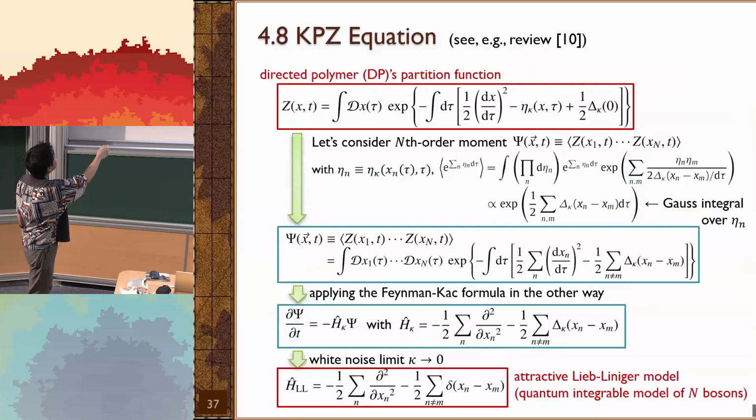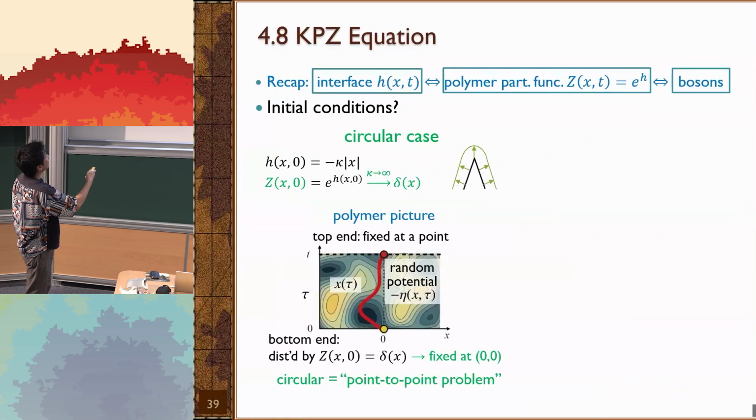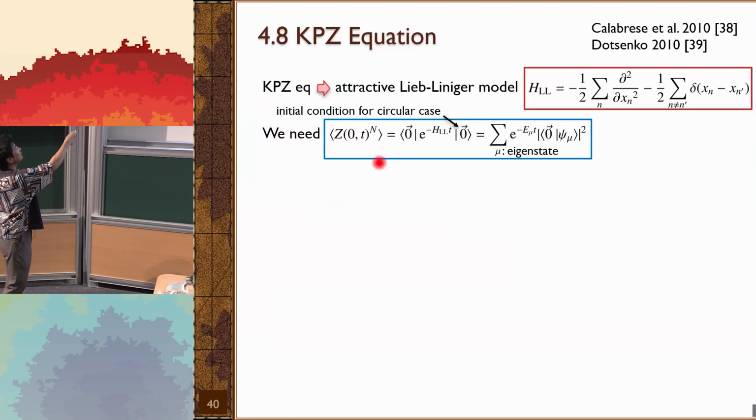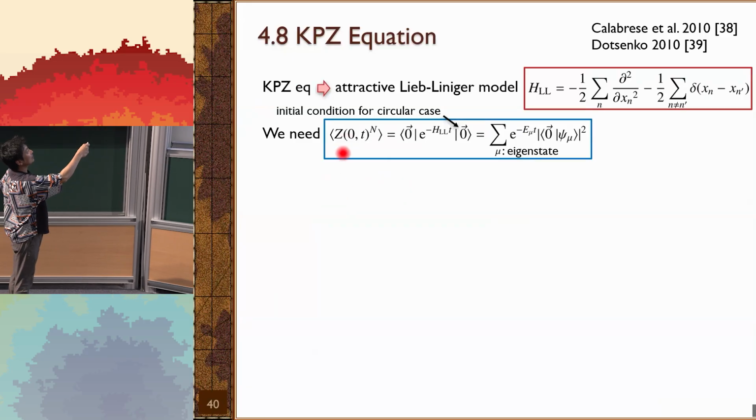All x here are set to be 0 now, at time t. So we want to solve this, just the nth moment of Z at x equals 0.